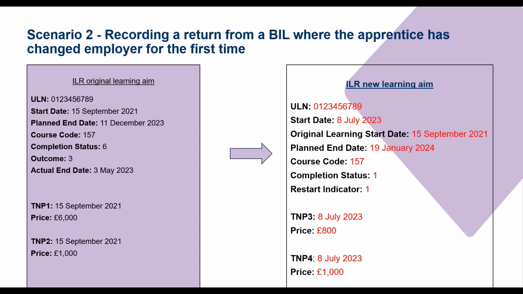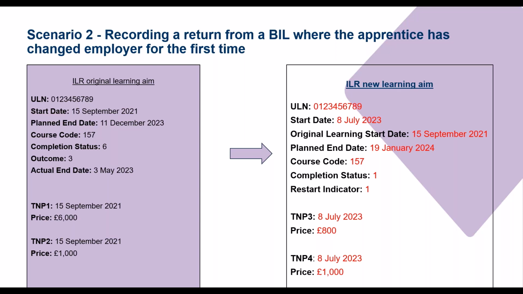And again, if we think about the records on the apprenticeship service for a second, to coincide with the return from that break in learning with a new employer, then a new record would need to be in place on the apprenticeship service for that new employer with the correct remaining cost. And as long as that new employer's record is in place before the ILR is submitted with the TNP3 and TNP4, then everything's fine.